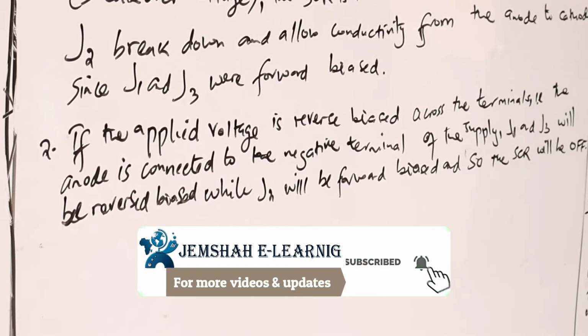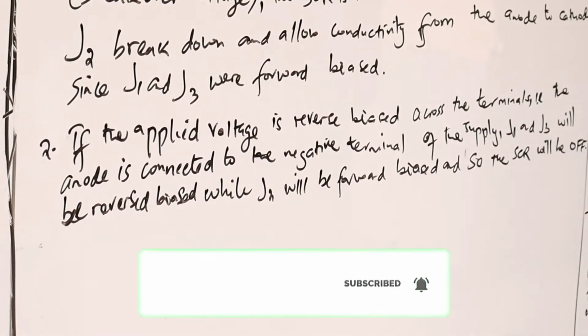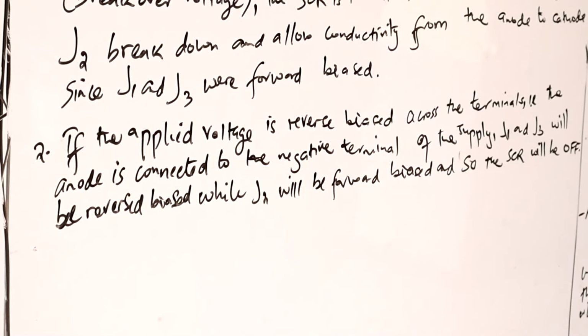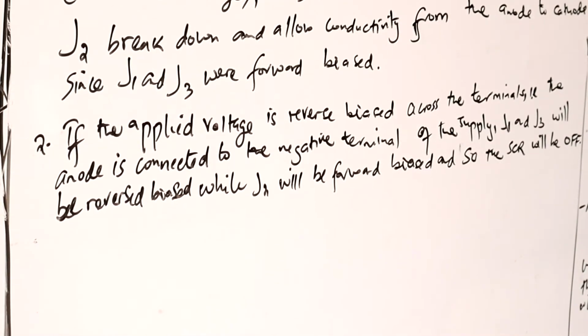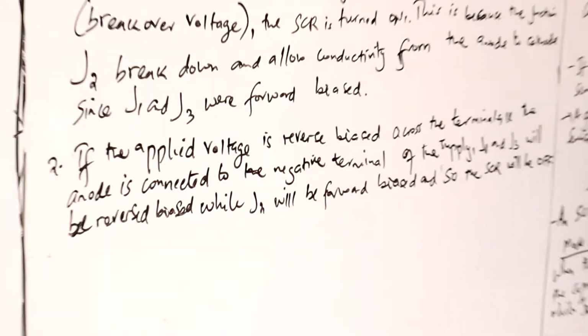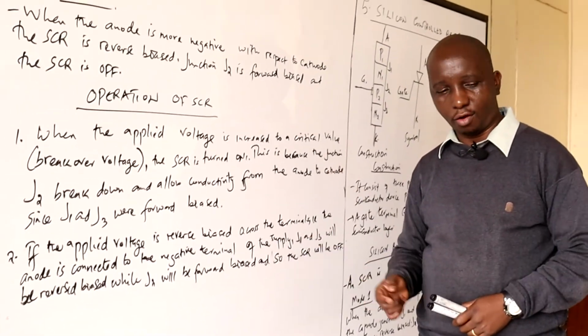So with these two conditions, the SCR will remain in an off state so long as the voltage applied is below the breakover voltage, and will only turn on when we apply a voltage that's greater than the breakover voltage.